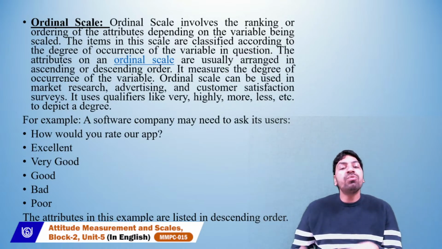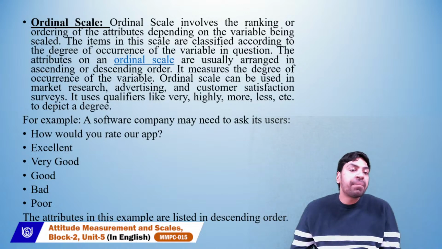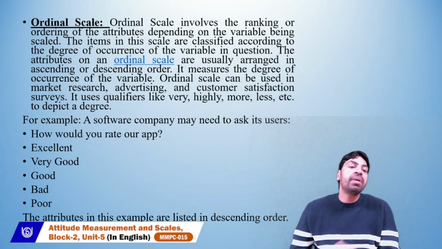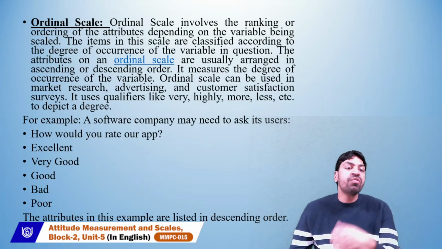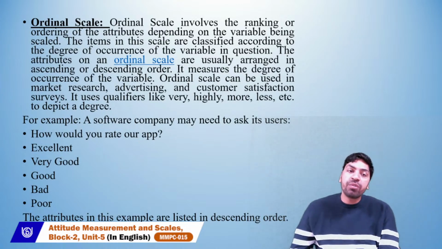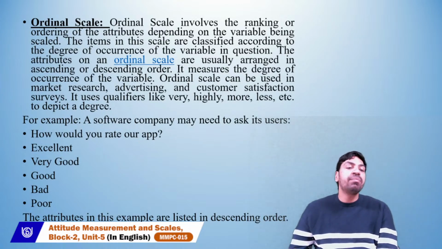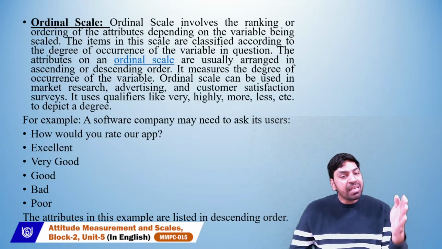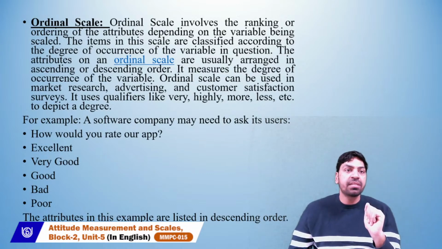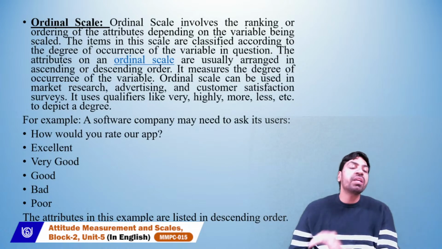If I'm using WhatsApp, how would you rate our WhatsApp app? First will be excellent, second very good, third good, then bad, and poor. These options are based on a ranking or ordering basis, not a category basis.